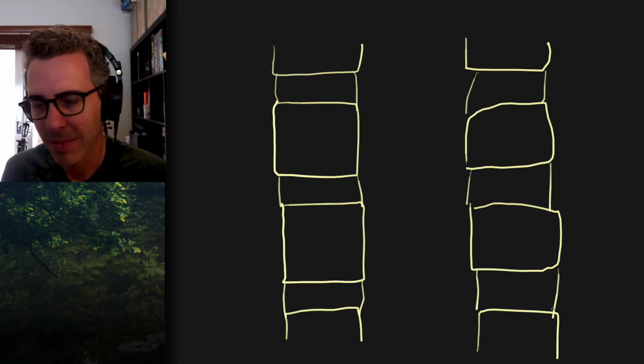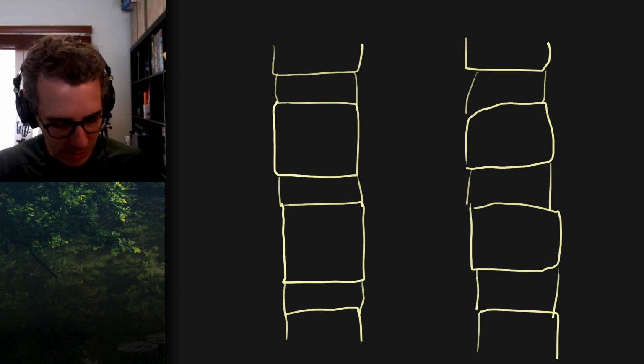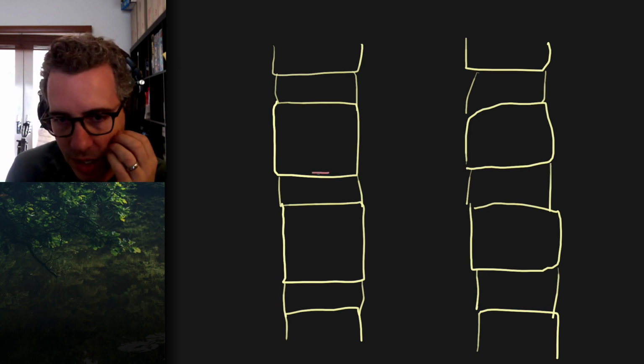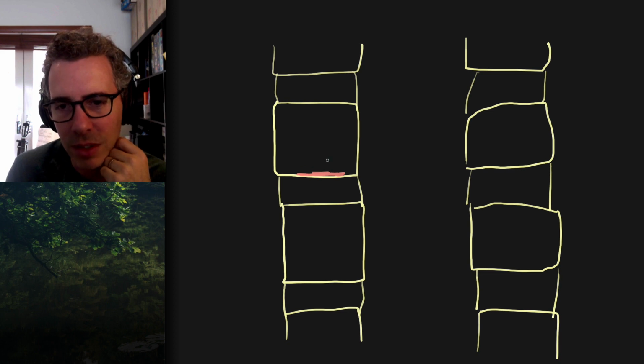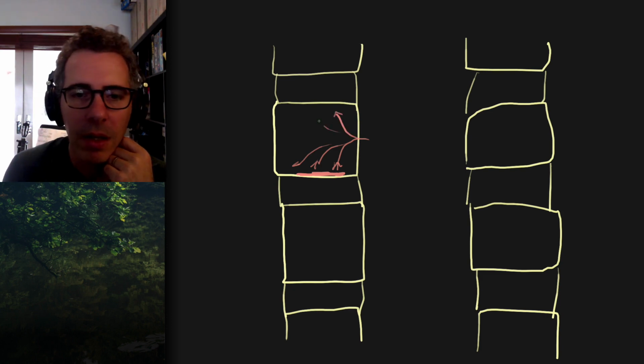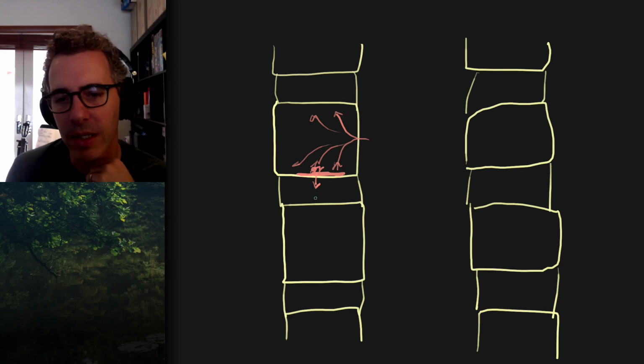A bacterial infection will start in the end plate because it's sort of end arteries. The arteries come in and supply, and it's relatively poorly supplied like that. And so infection will start here and immediately pretty much go into the disc.